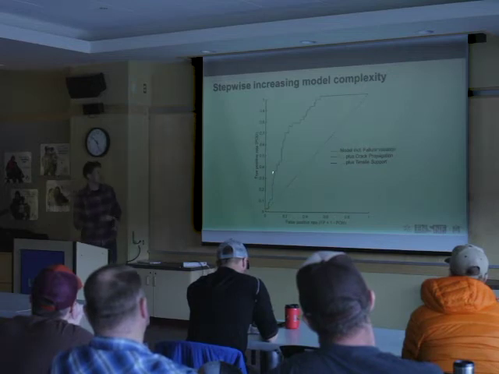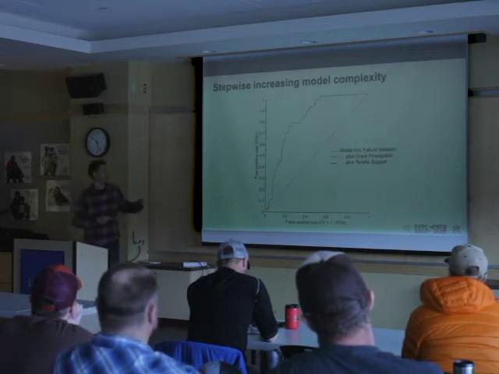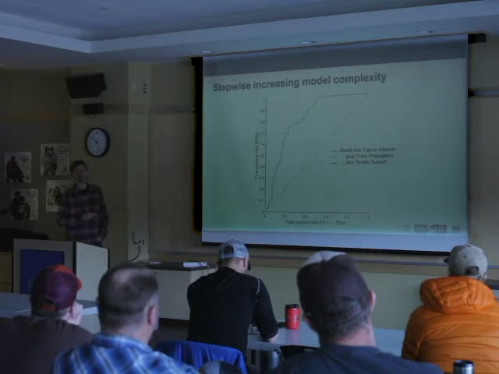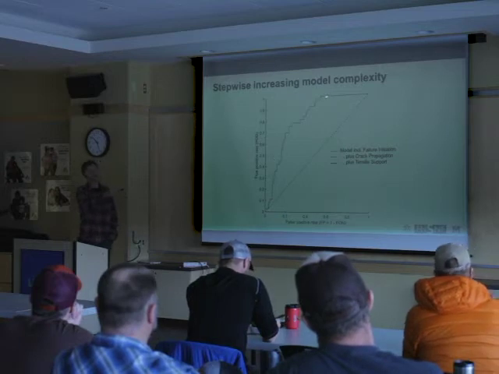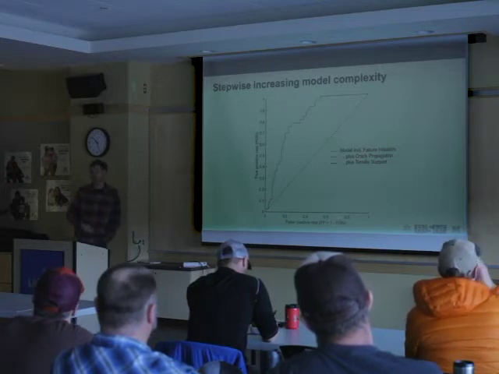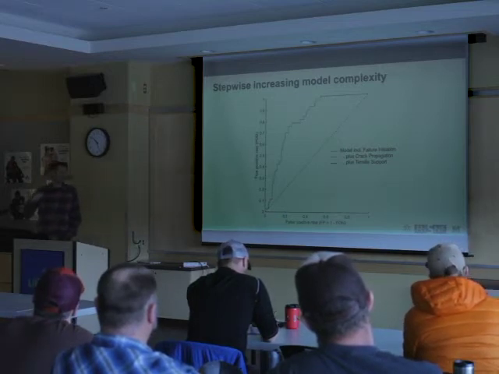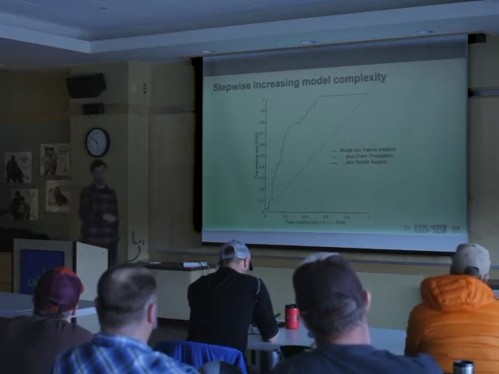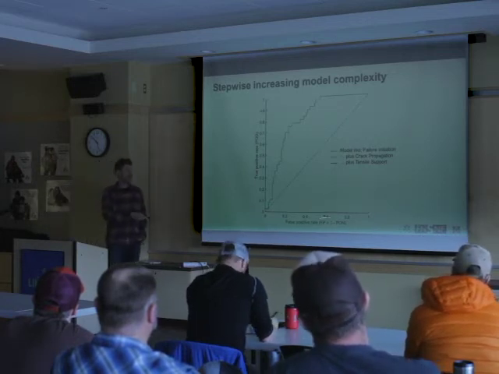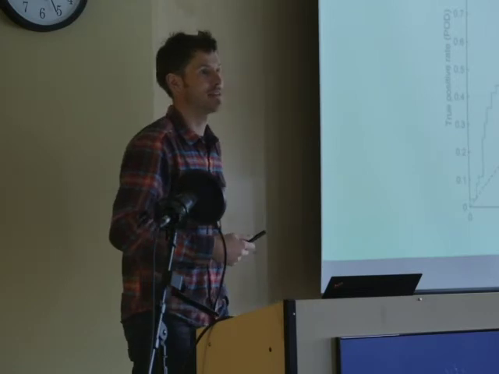So when we increase the value in the beginning, we still capture a lot of unstable cases, but the higher we choose the threshold, the more false alarms we get, and the more stable cases we're actually missing.